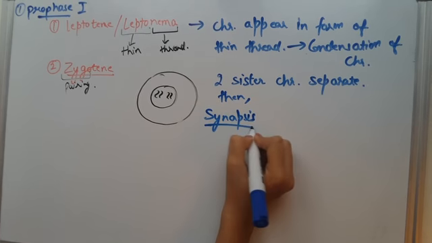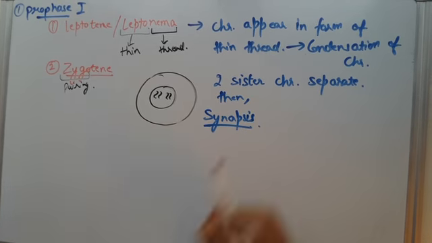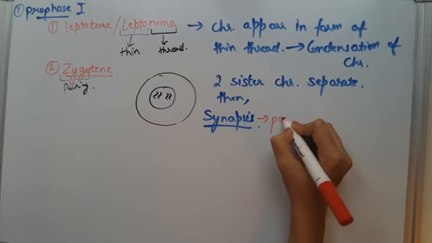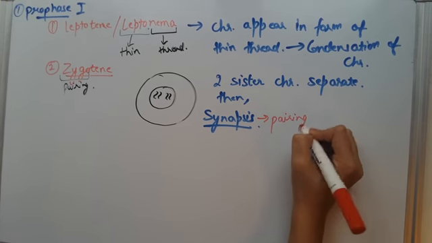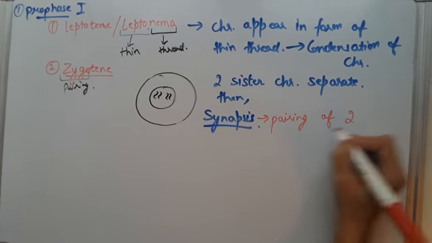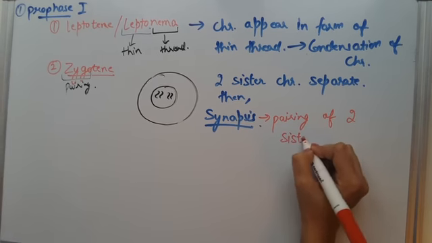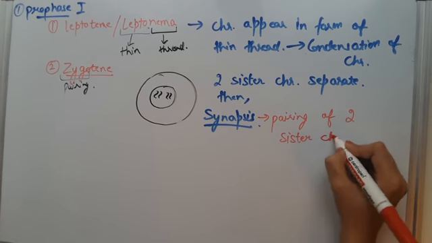What is synapsis? Synapsis is pairing of two homologous chromosomes, like this shown in the figure.